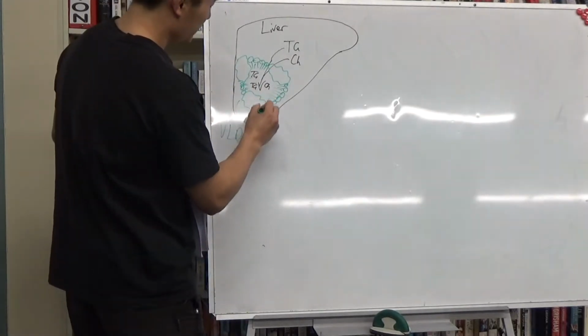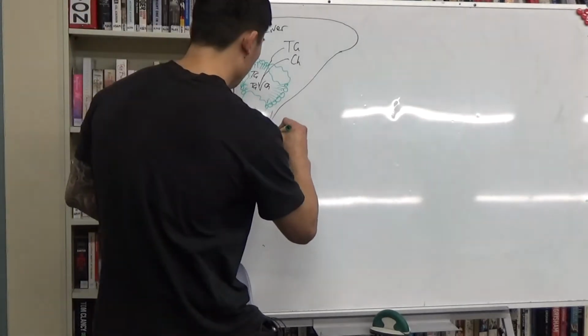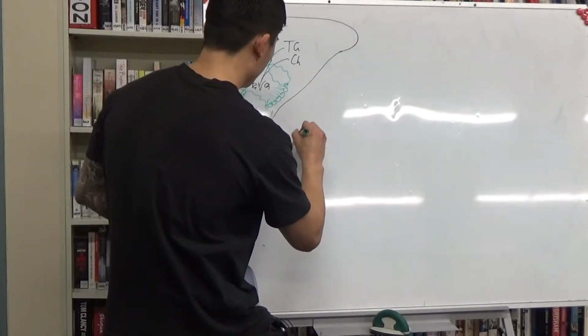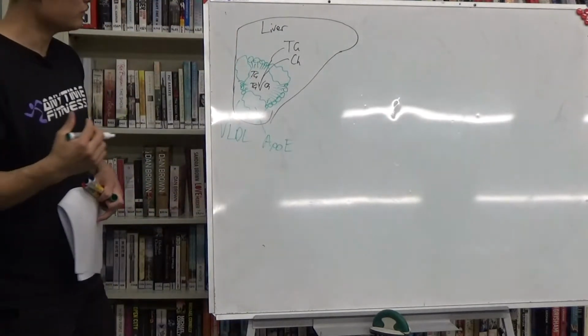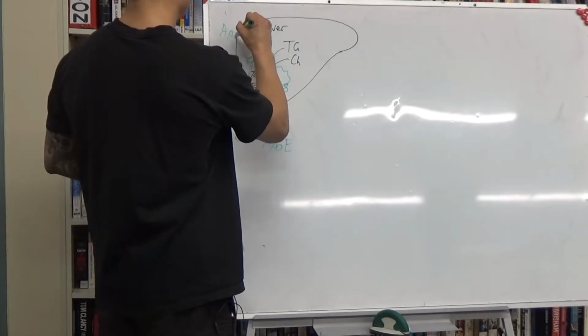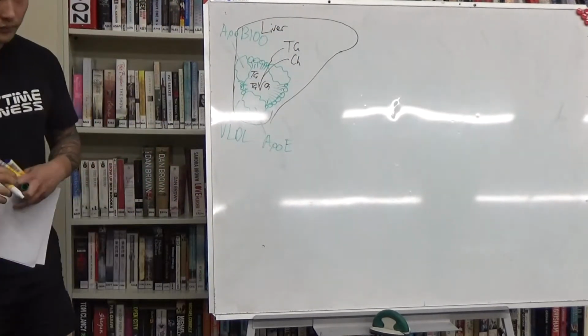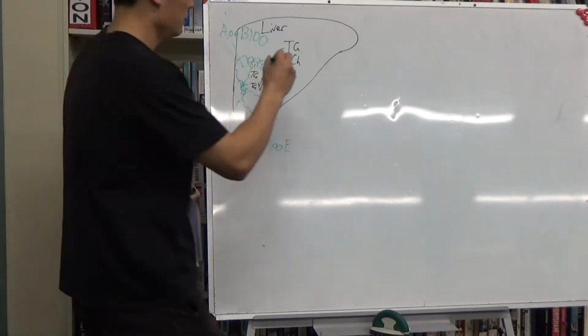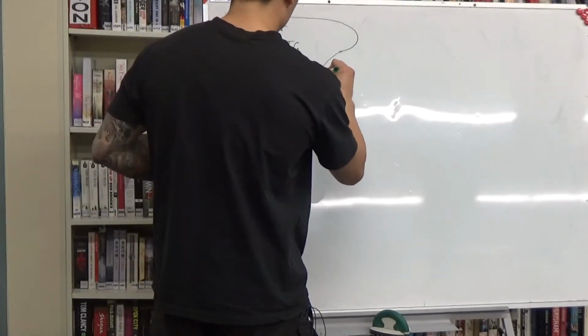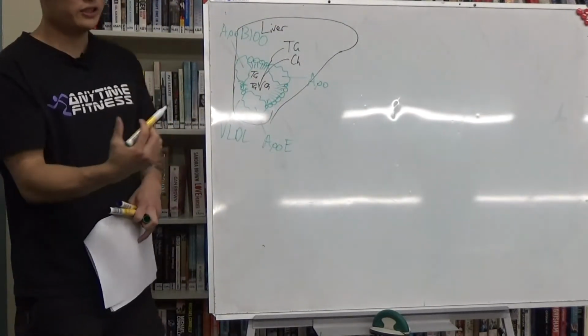And so this apoprotein here will be ApoE. This one here is ApoB100. And this one here is the one that binds to lipoprotein lipase.